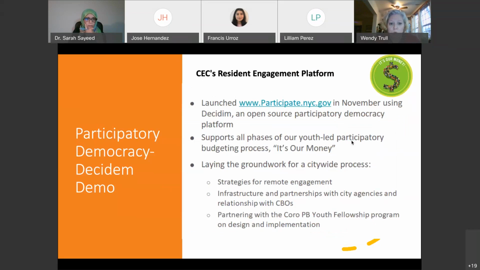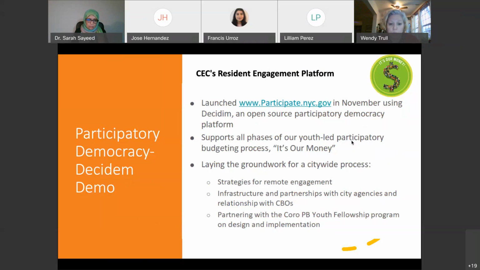The site itself is supporting all phases of our youth-led participatory process. And just as a reminder, this is the youth-led PB process that we're running. It's our money. We've put up 100K of our own funding to empower youth ages 9 to 24 to vote on projects that address their needs and interests.